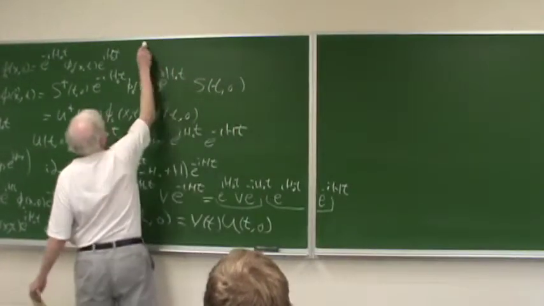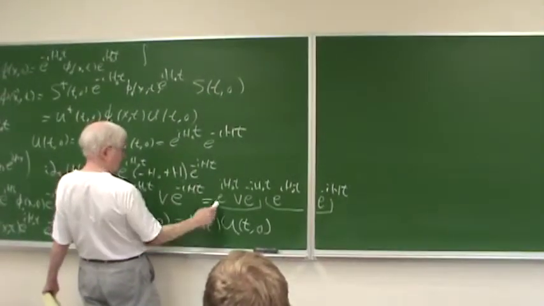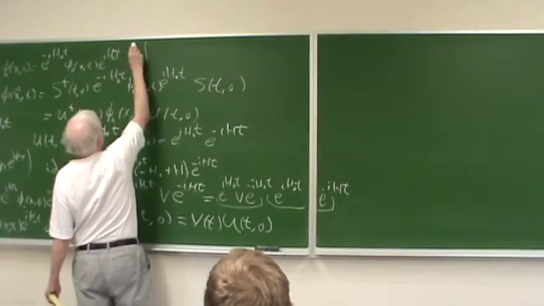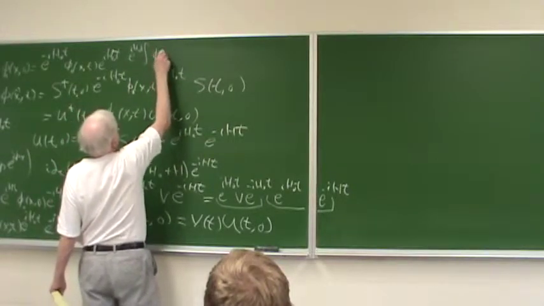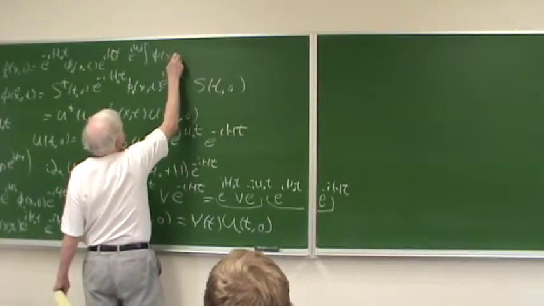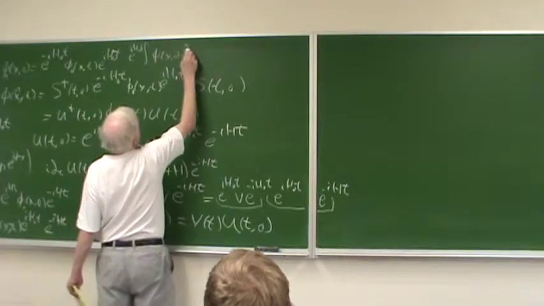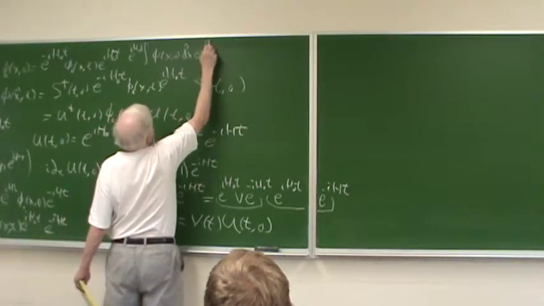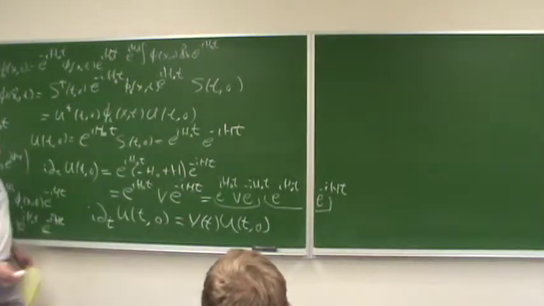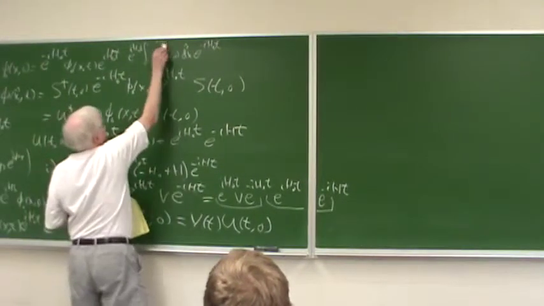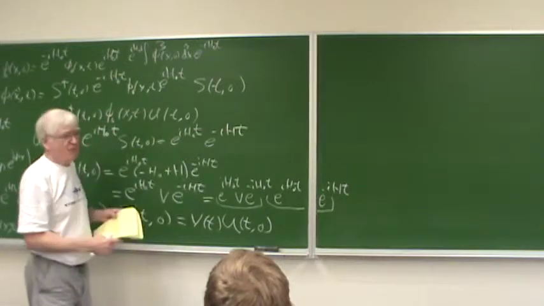And let me just indicate something there so that you may be puzzled by it. Here we have e to the i h0 t, and we have some integral, phi of x and 0 cubed, d cubed x, e to the minus i h0 t.